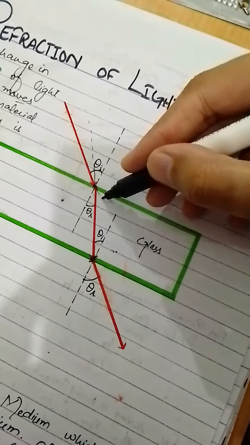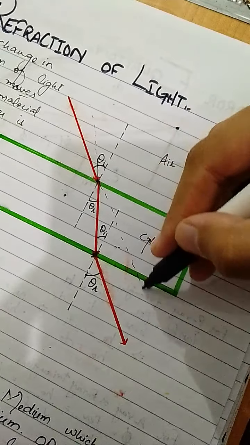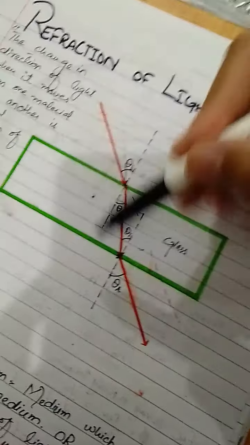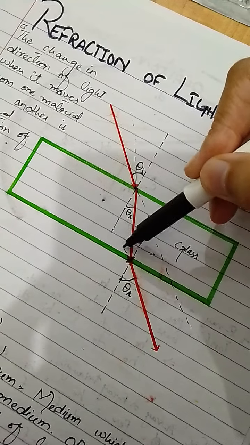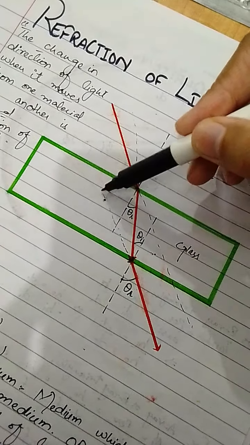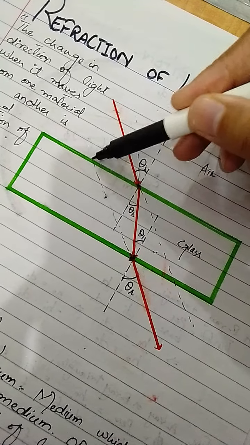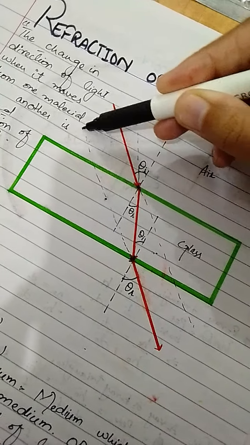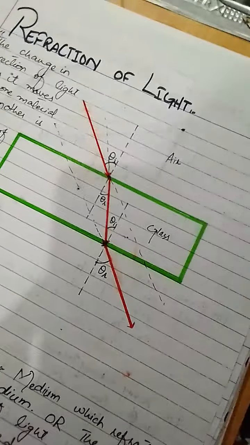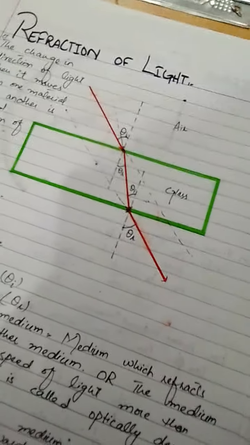Okay, so now what do we see here? If I could just draw it here, this was the actual direction of the ray, and this is the direction of the ray after finally leaving the slab. Okay, so what do we see?